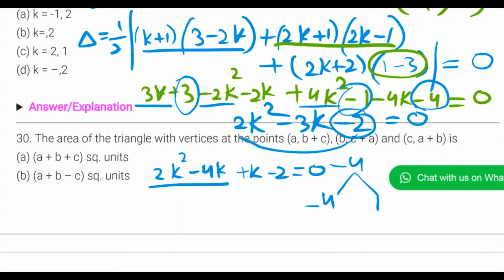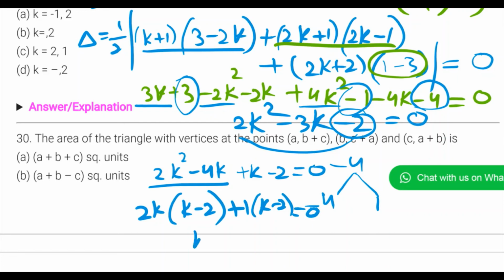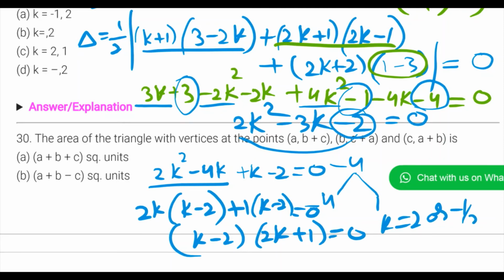Taking out 2k common here, I'll get (k - 2), and plus 1 common, (k - 2) here. That equals 0. (k - 2)(2k + 1) equals 0. So k equals 2 or k equals -1/2.